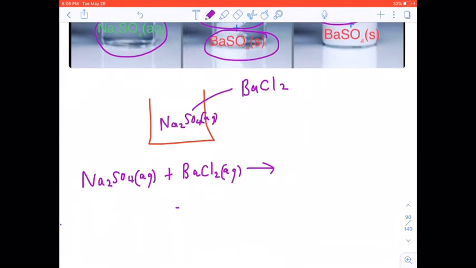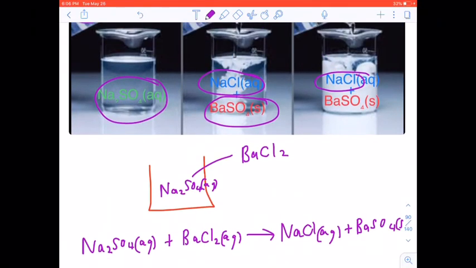So we then have NaCl in solution plus BaSO4 solid, and that gives you an indication there.